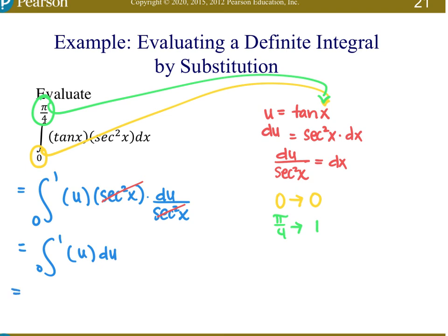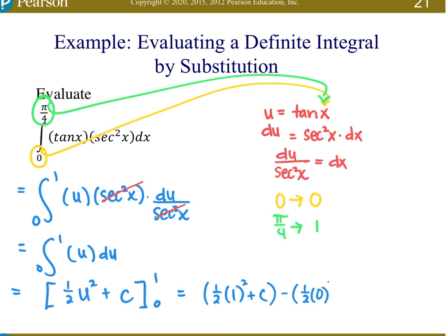So the antiderivative of that would be 1/2 of u squared plus c, and the bounds are 0 to 1. And I don't have to change my bounds back. I don't have to change my u back. I can substitute 1/2 times 1 squared plus c minus 1/2 times 0 squared plus c, and so we end up with 1/2 as our final answer.